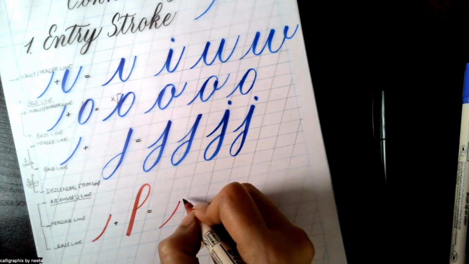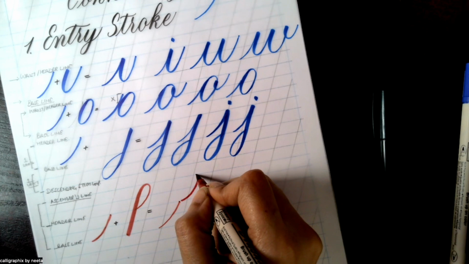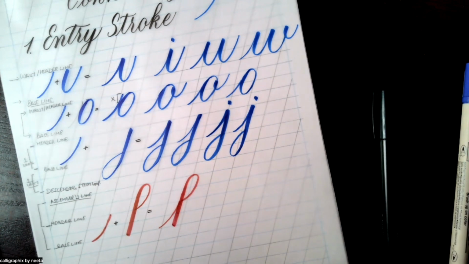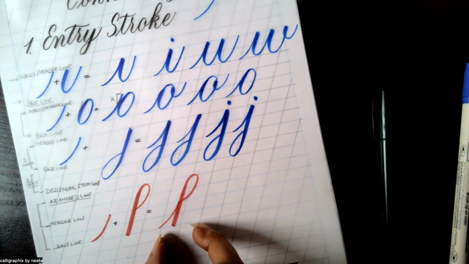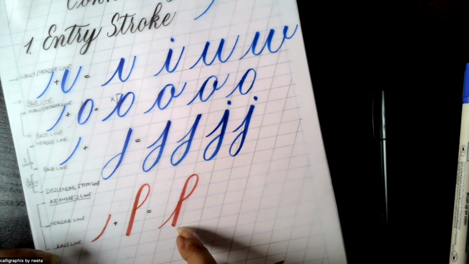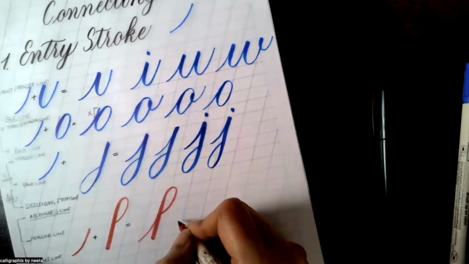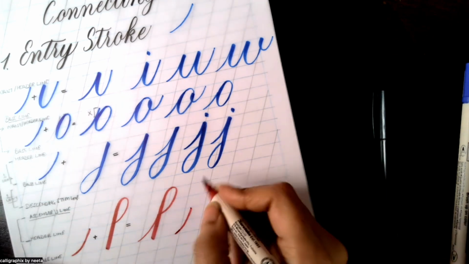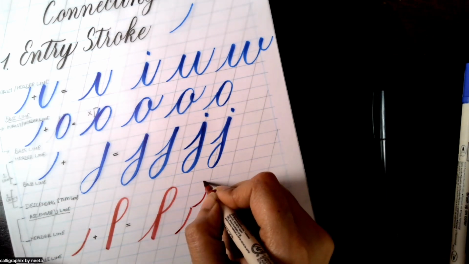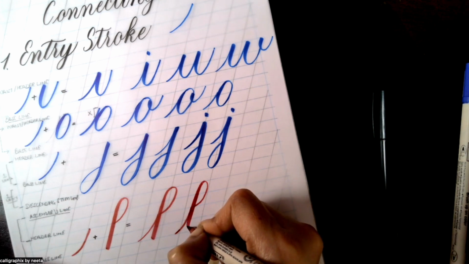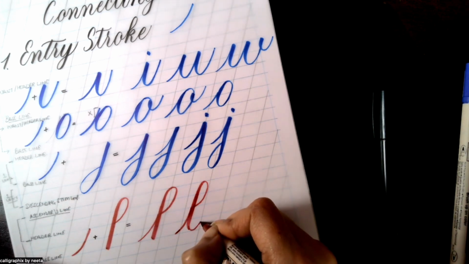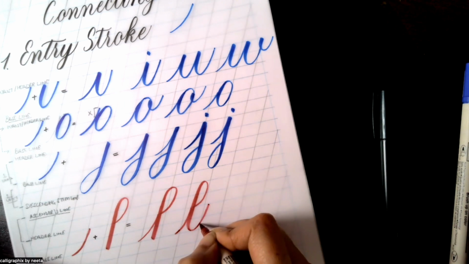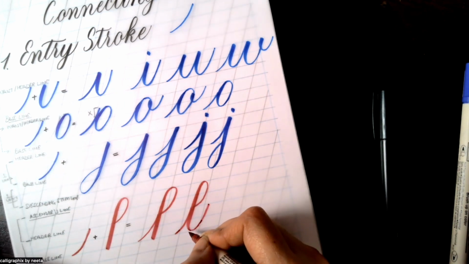So if this is our entrance stroke and this is our ascending stem loop, so this becomes our connection. This is how we connect our entrance stroke with our ascending stem loop. So when we see the connections or the letters that are formed, we see letter L connecting entry stroke with our ascending stem loop and underturn.